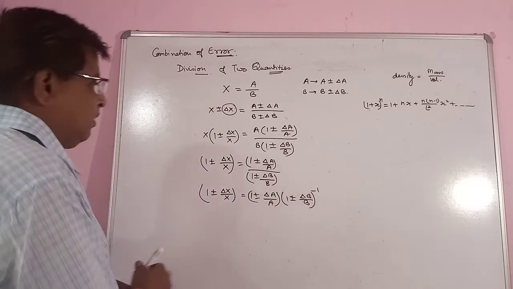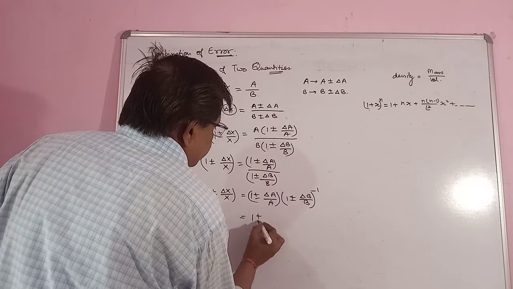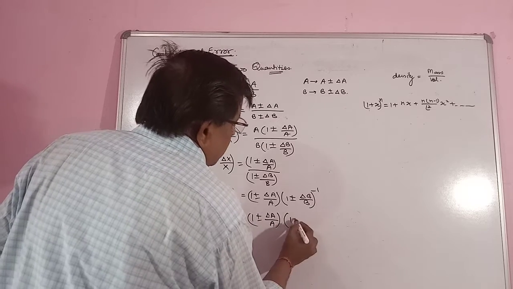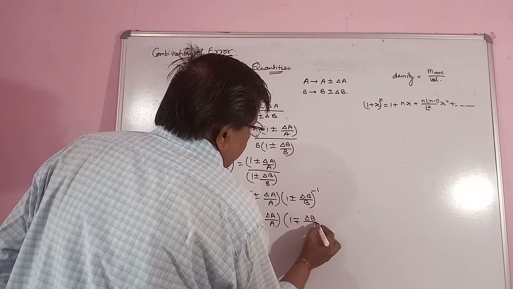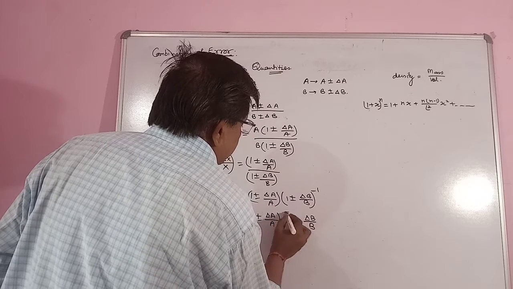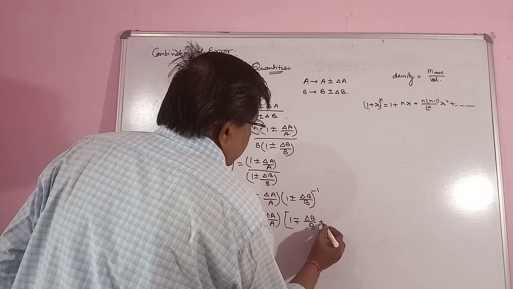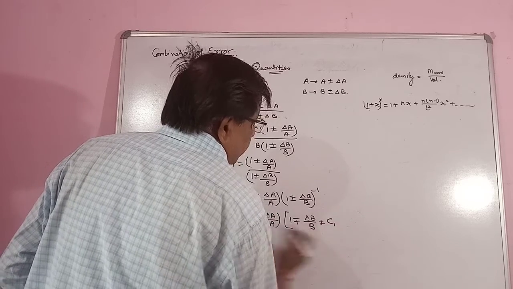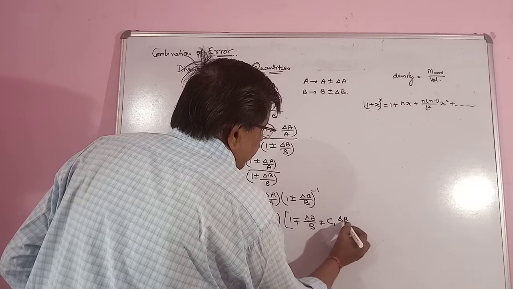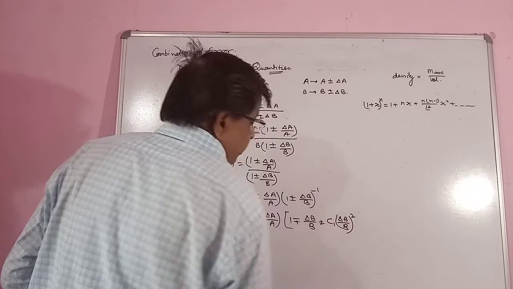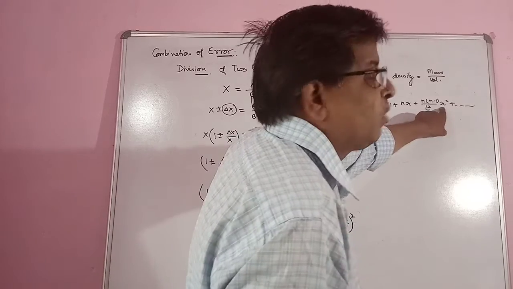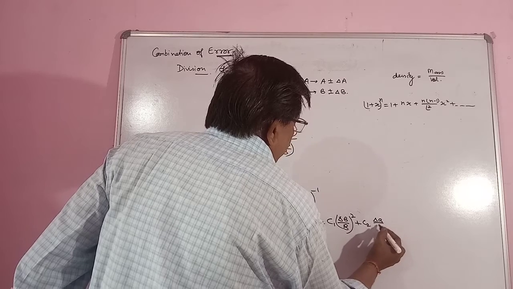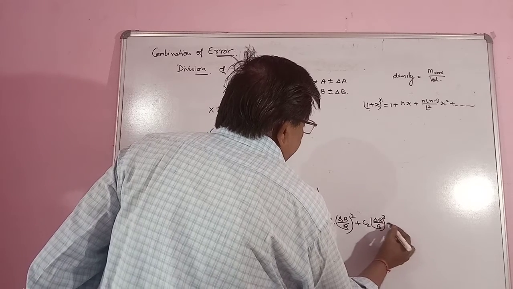So we get 1 minus plus delta B upon B, again plus minus some constant C1 into (delta B upon B) whole square, in the third term C2 into (delta B upon B) cube, and so on.